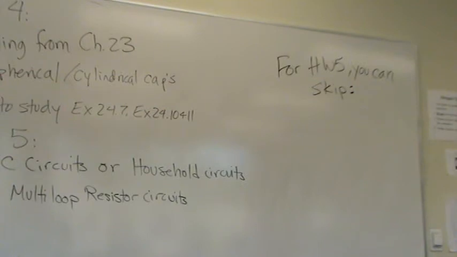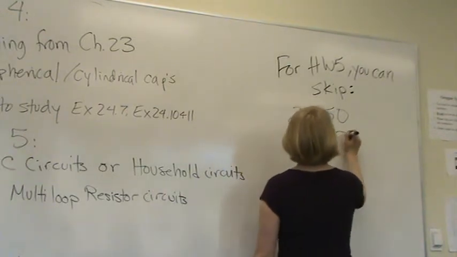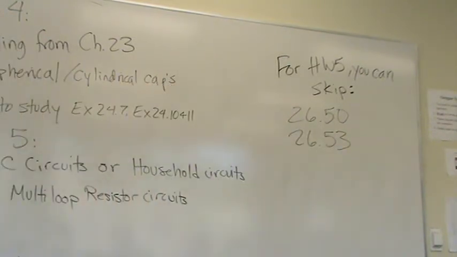All right, so we got through all of chapter 25. The first one is 2650, 2653, 2665, so that's a multi-loop resistor problem.